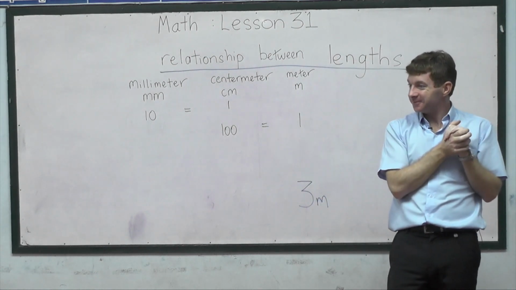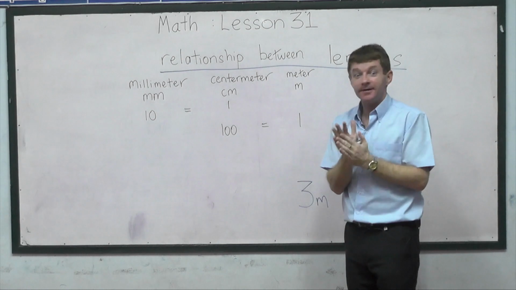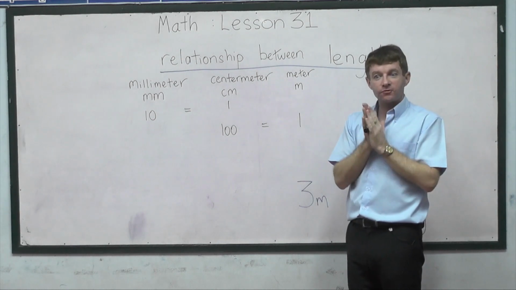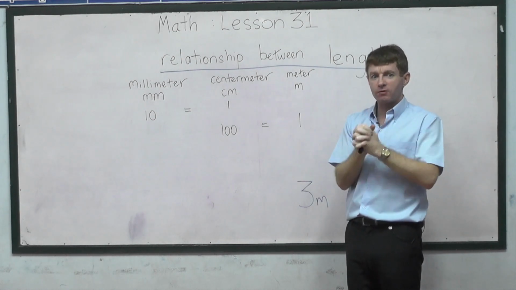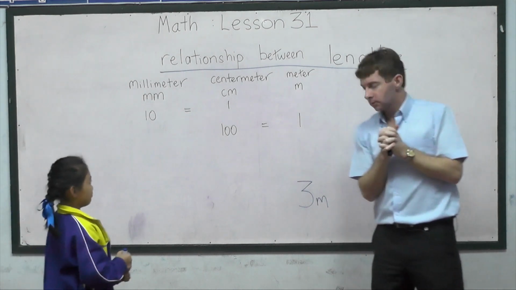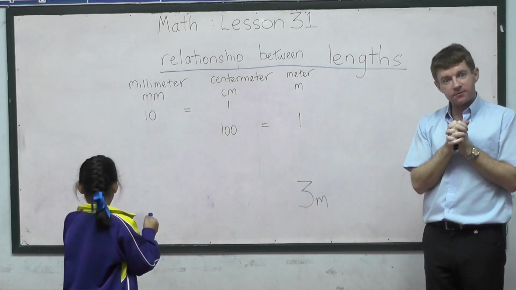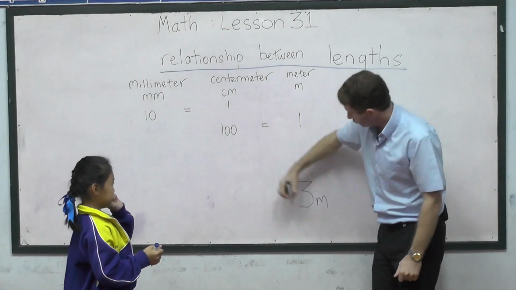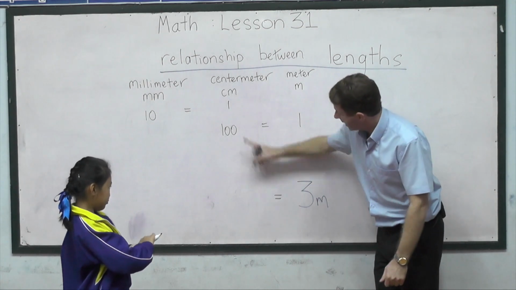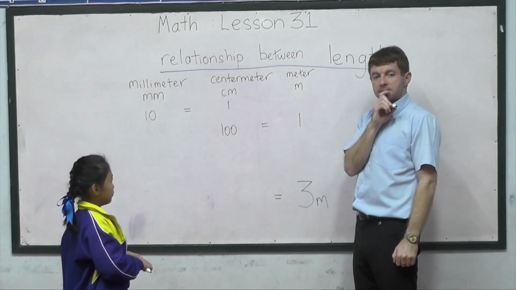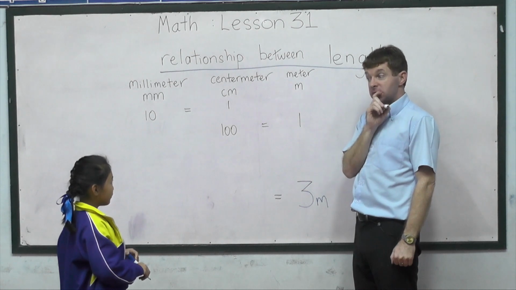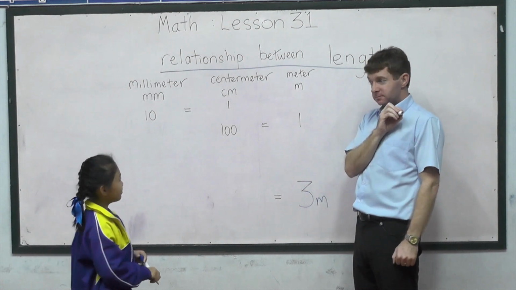Nadia, hello. Okay, so which unit has Teacher Wes written on the board? 3 meters. So let's say, okay, 3 meters is how many centimeters? 300 centimeters. Is it? I don't know. I forget.